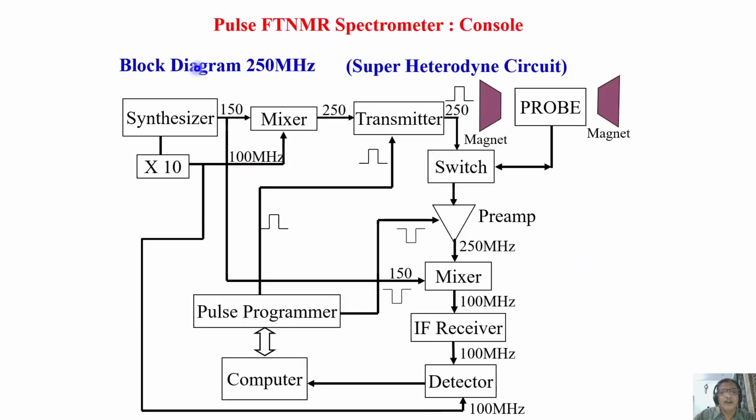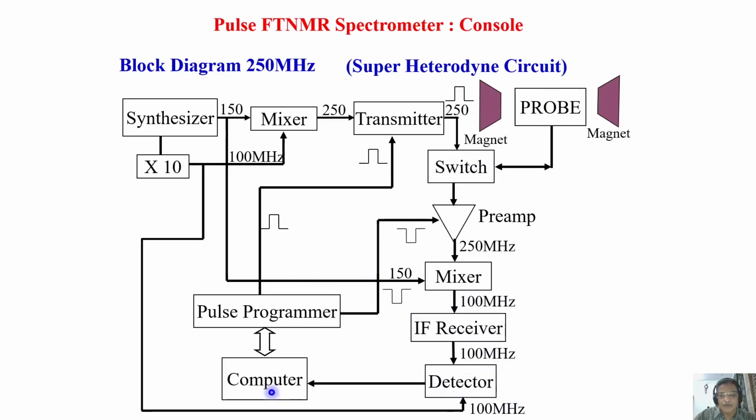This is a small block diagram of a 250 megahertz console. It is a superheterodyne circuit. As I said, there is a probe, and the synthesizer generates the frequency, which is sent to the mixer, transmitter, and then we send this signal to the probe, and we receive the signal and give it to the preamplifier, and then again mix it. We do a few things and detect the signal.